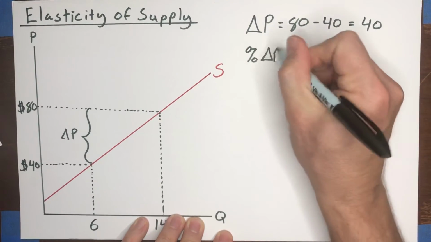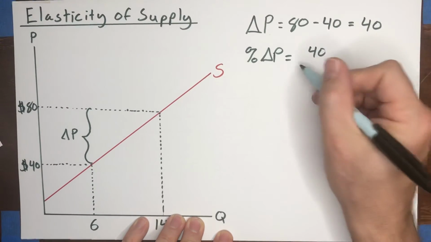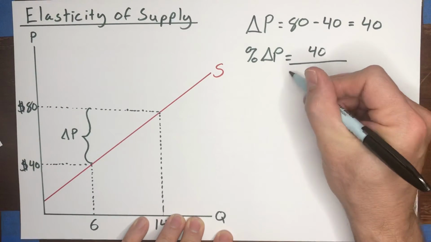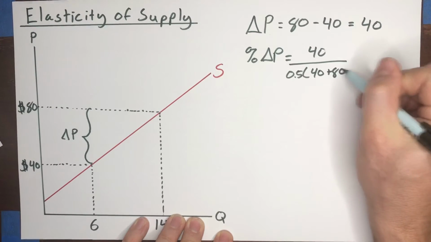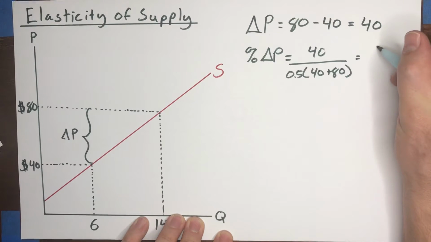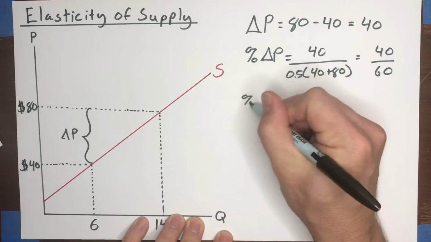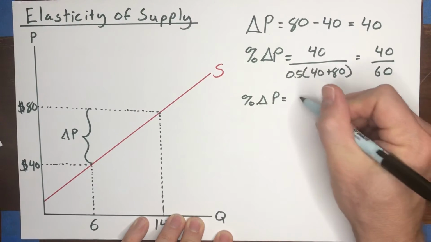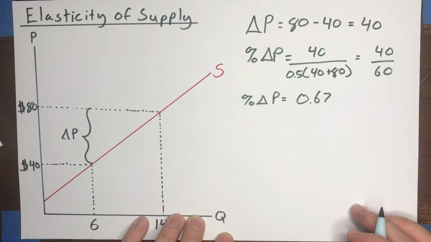So the percentage change in price is equal to the $40 change divided by the average of the 2 prices, 40 and 80. And that is equal to 40 divided by 60. So the percentage change in price will be positive 2/3, or 0.67.